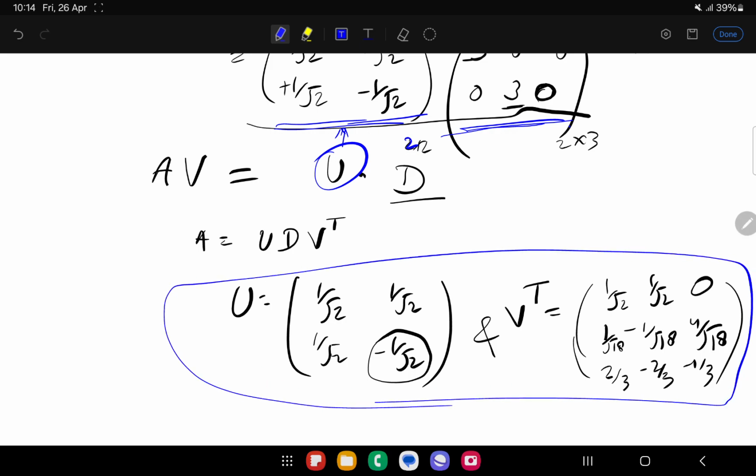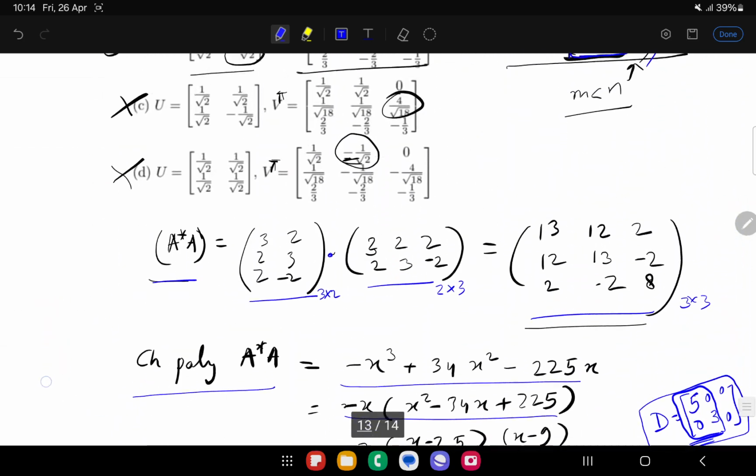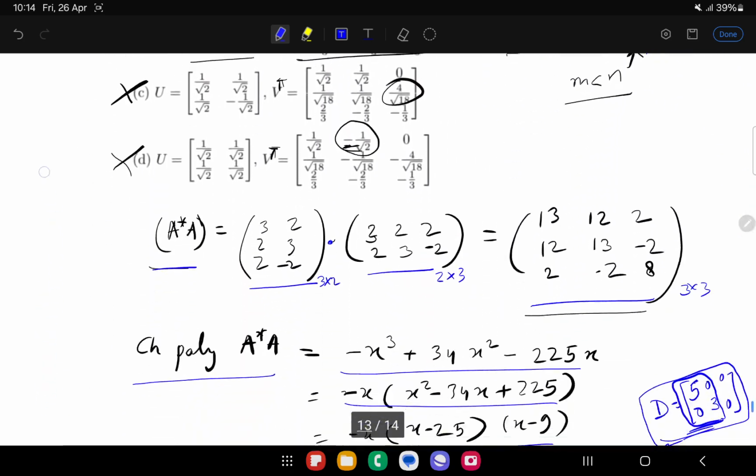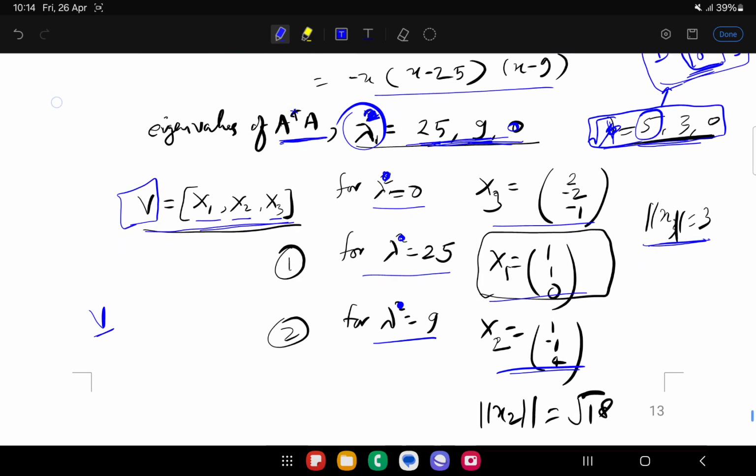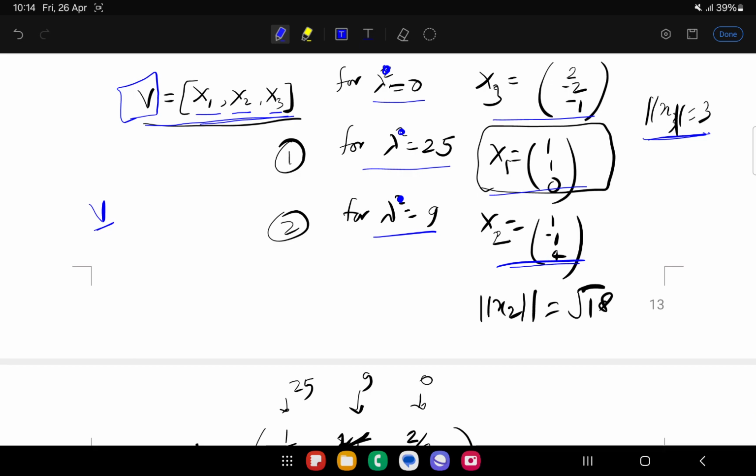So the main thing to remember is we should go first for A star A and the characteristic polynomial for A star A. Here we'll get eigenvalues which are basically lambda squares, which will be helpful while writing D. Then calculate eigenvectors for A star A and normalize them. You will get an orthonormal set of vectors.